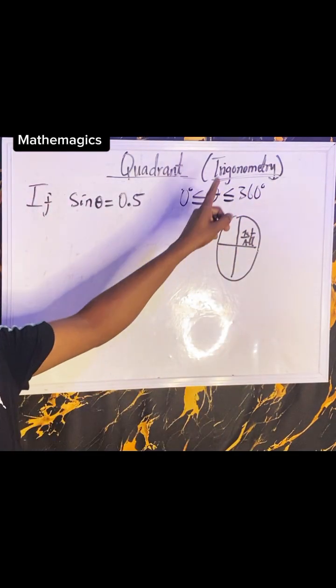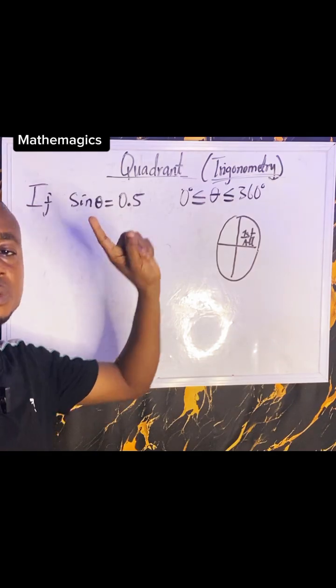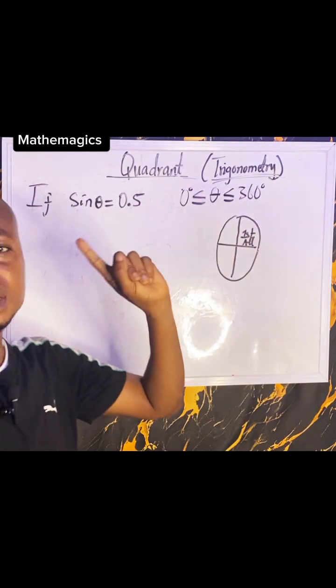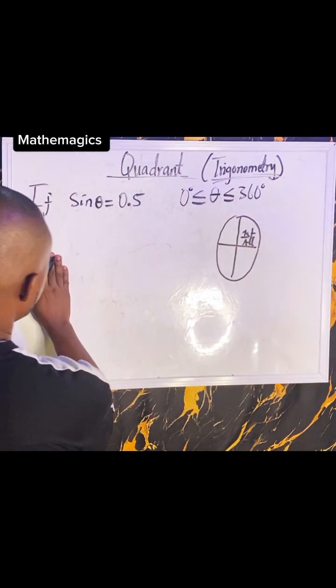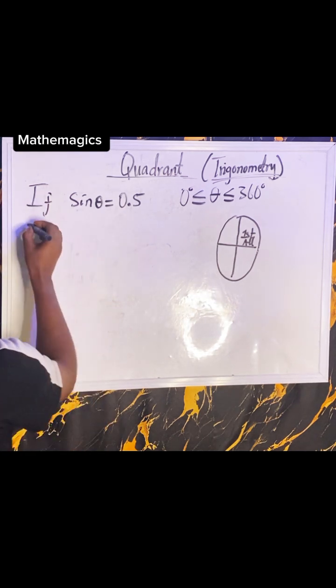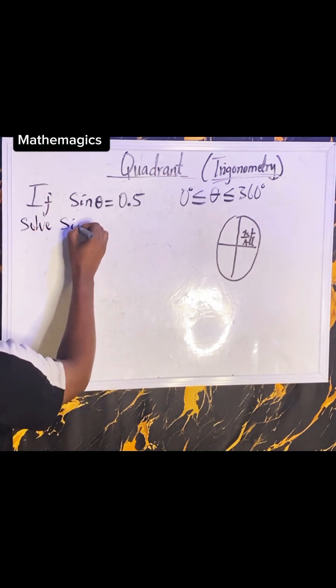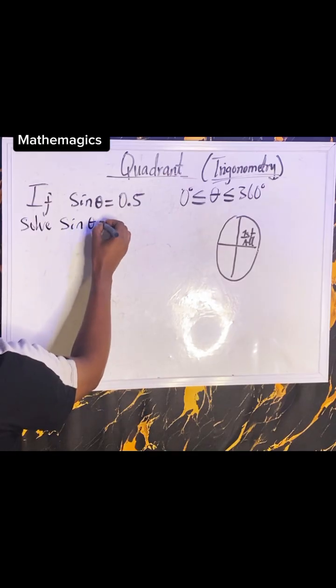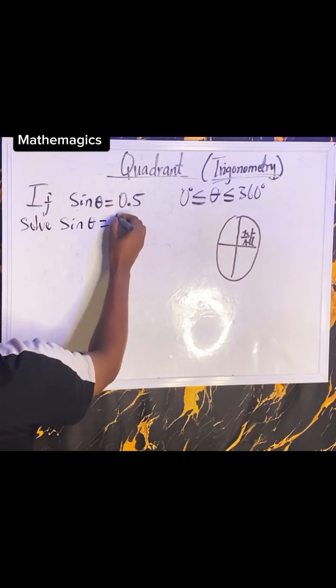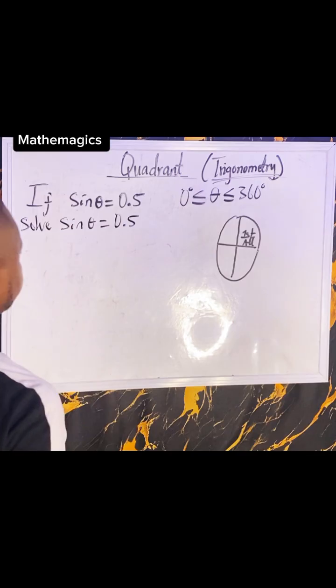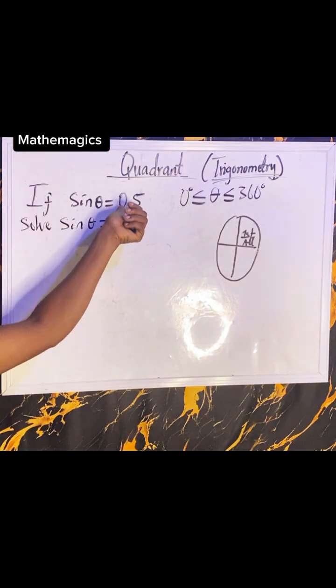This implies that the range is from 0 to 360 degrees. In that case, we have to solve sine theta equal to 0.5, which is the same thing as what we have here.